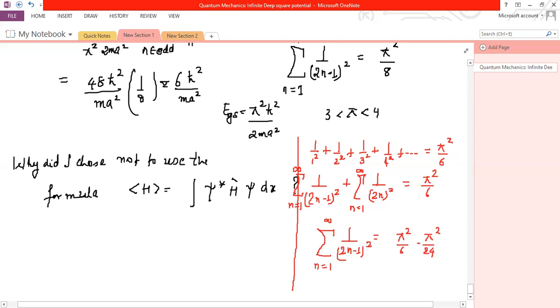So this will be 1 upon 4 into summation 1 upon n square, and this will be pi square upon 24. Take that pi square upon 24 to that side and take an LCM of 24. You will get 24, this is 4, so 3 pi square upon 24, which is simply pi square upon 8. So I hope this is clear. How does it come equal to pi square upon 8? Now again coming back to the central problem, why did I not choose to use this particular formula?